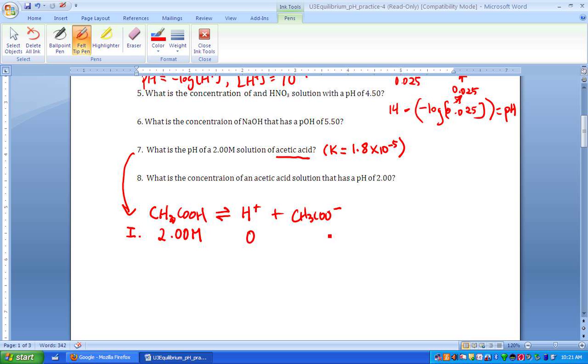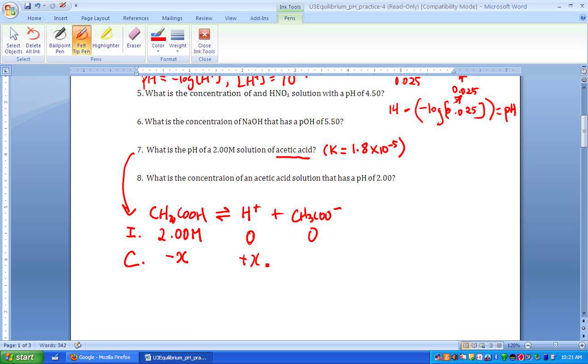If you read the problem, initially you start off with 2.00 M and you have 0, 0 here. The change is that you take from the reactant side and shift a little to the right side. It's impossible to take from the product side and give to the reactant side, because then you would end up with a negative concentration.